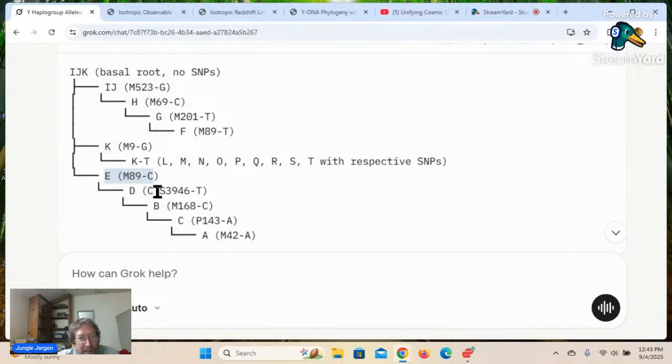And then the D has its SNP marker. The B has its SNP marker, M168. And the C has its SNP marker.